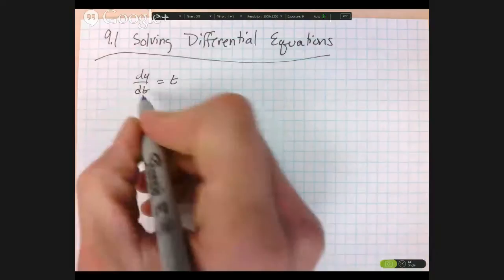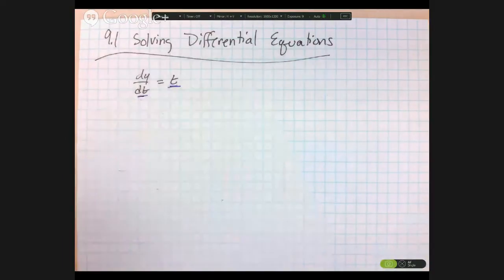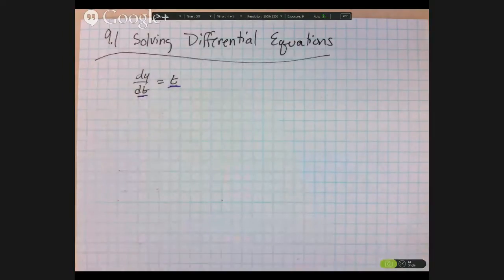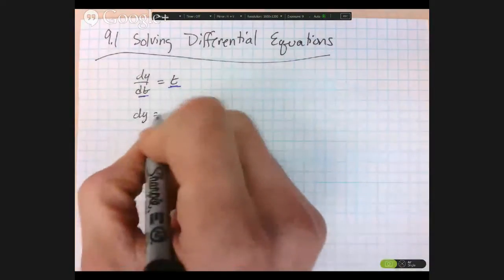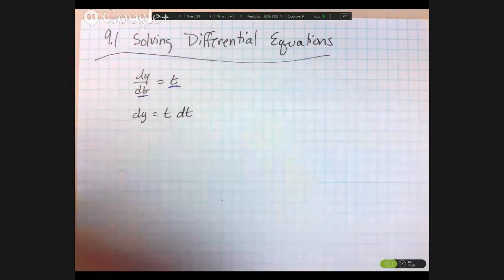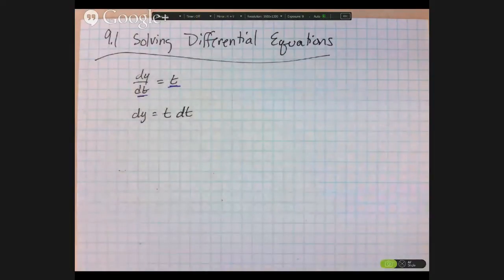Notice that it's dt on the bottom and t on the right side, correct? That's key in this. So we can rewrite it as dy equals t dt. You've done that before in u substitution.